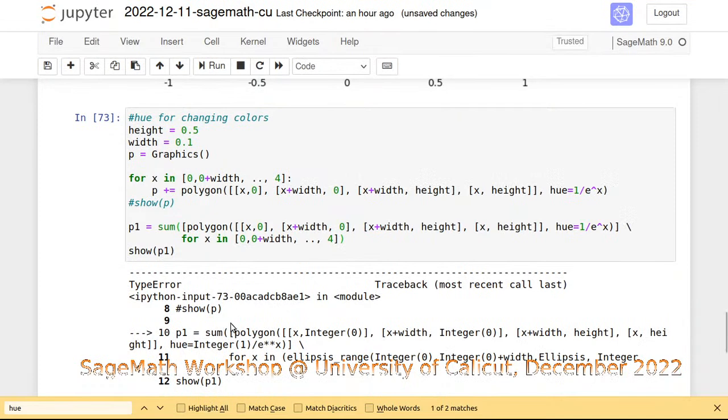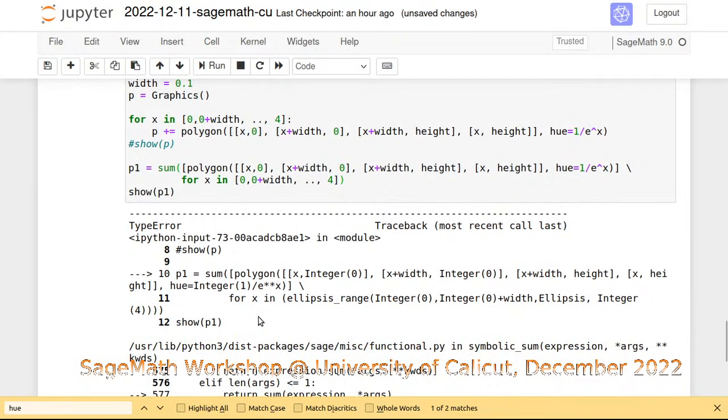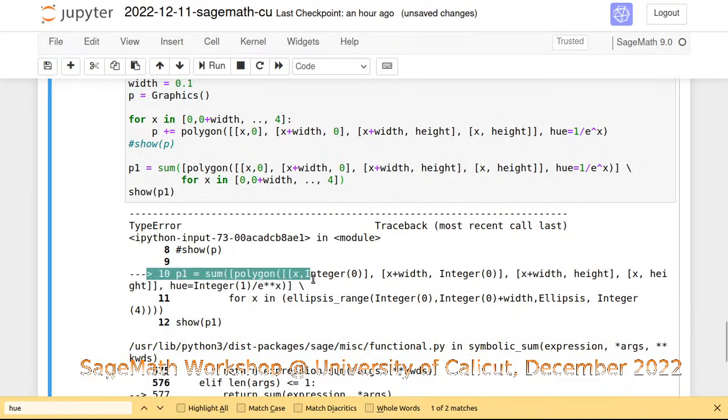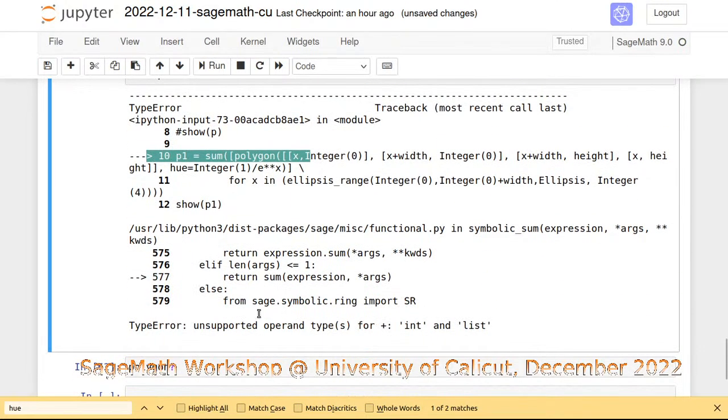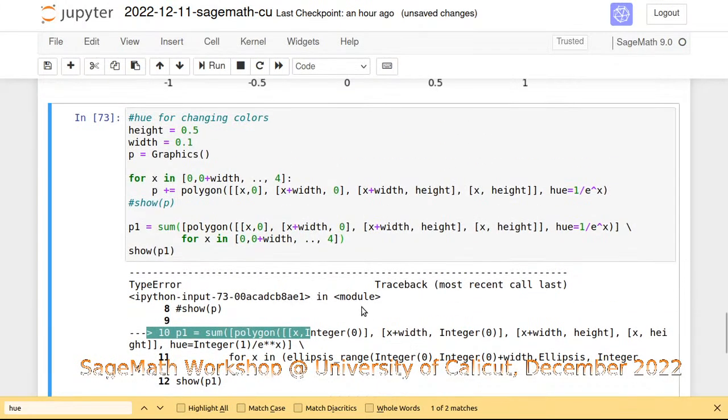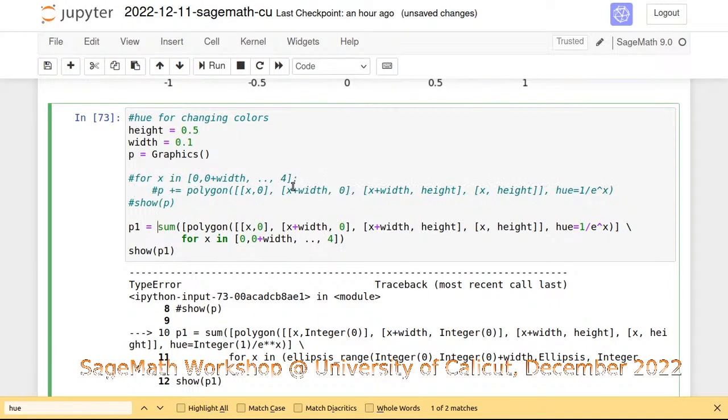Once again, show P1. So it says that the error is here. But where is that error? Unsupported for int and list. Am I adding? Where is that int? Okay, let me just suppress these two. I don't know whether it is because of this or not.